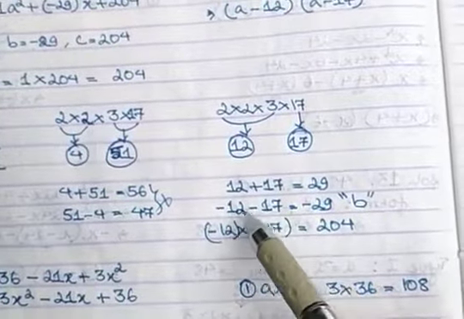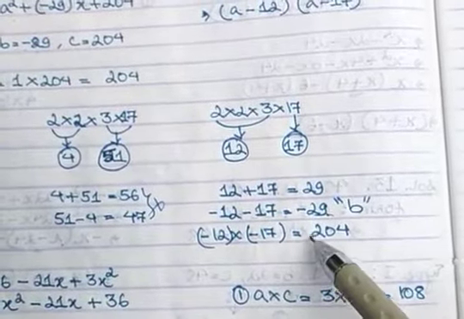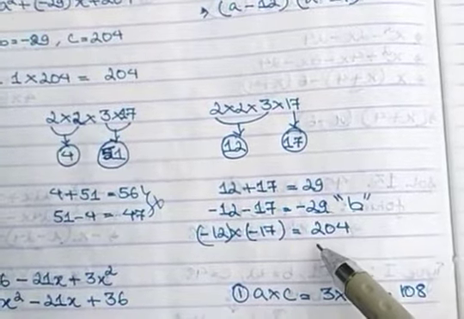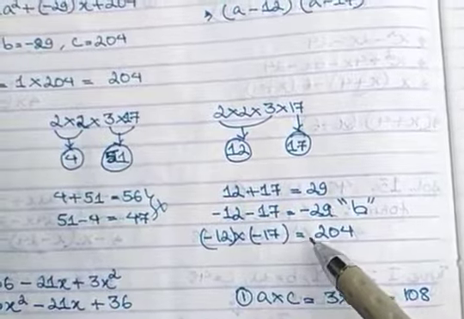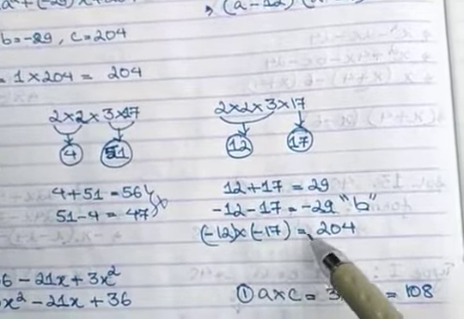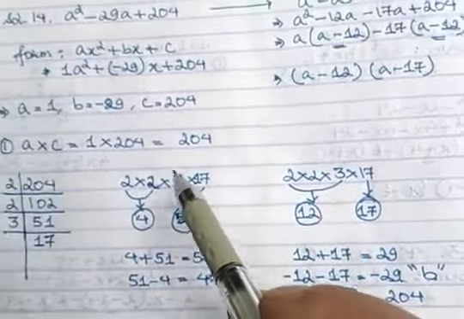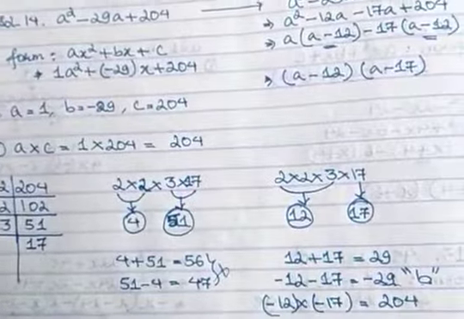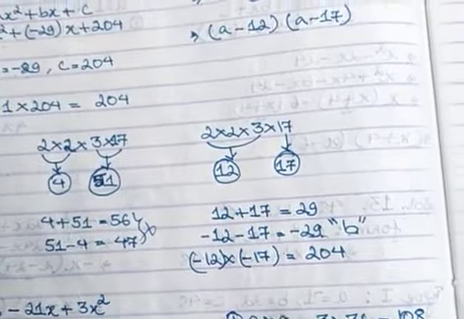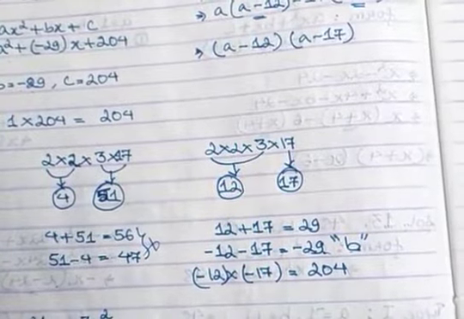If you go with minus 12 and minus 17, you will get minus 29. Simple, see? The value of b matched with the sign as well. Now if you multiply minus 12 and minus 17, you get minus into minus plus, 12 into 17 is 204. So yes, the value of ac also matched with the sign. So now the factors for me are minus 12 and minus 17.